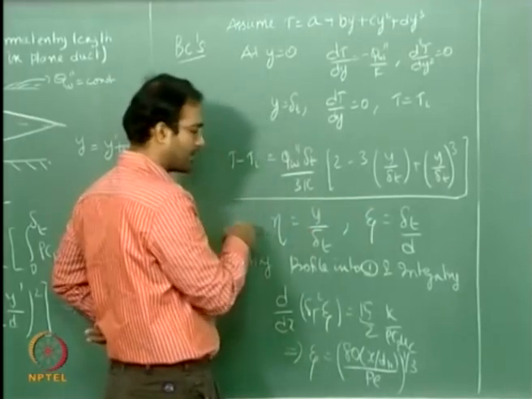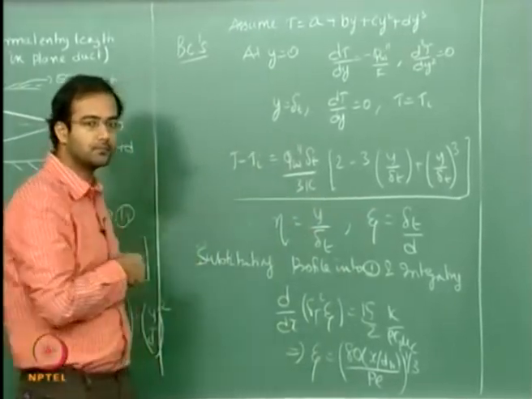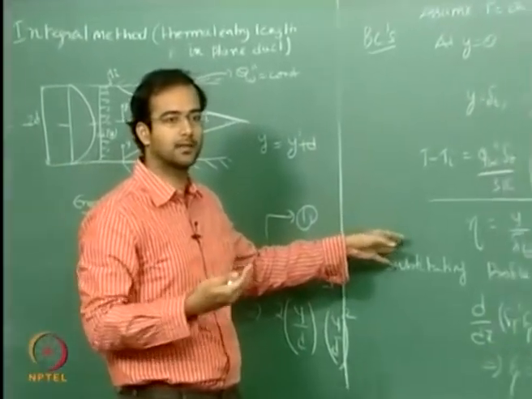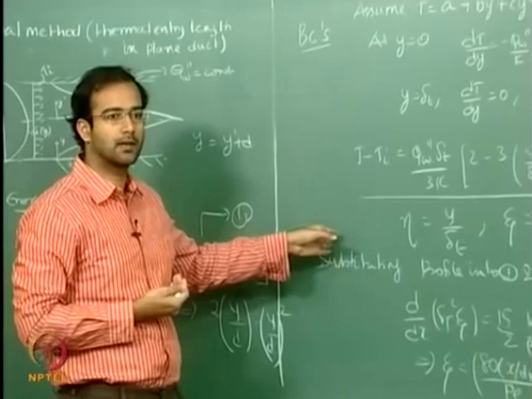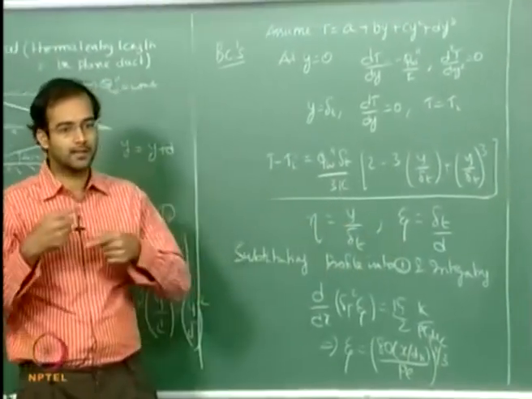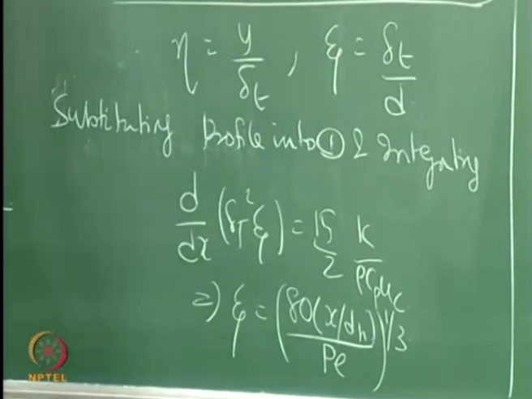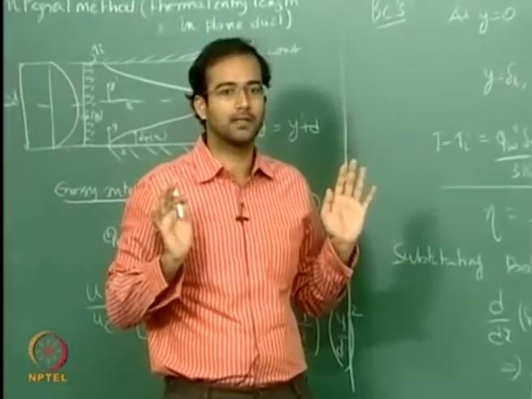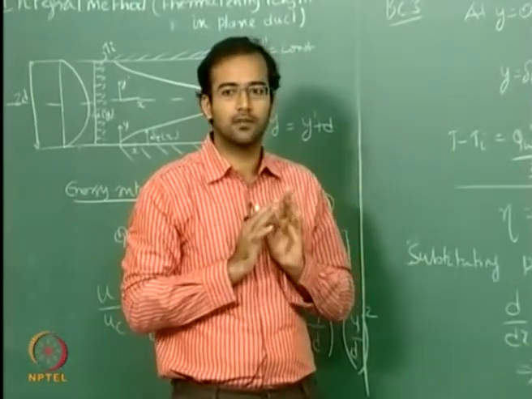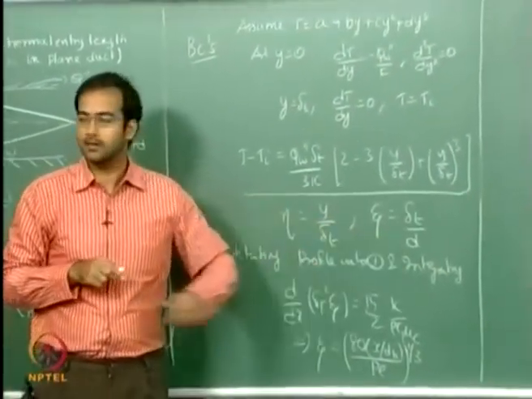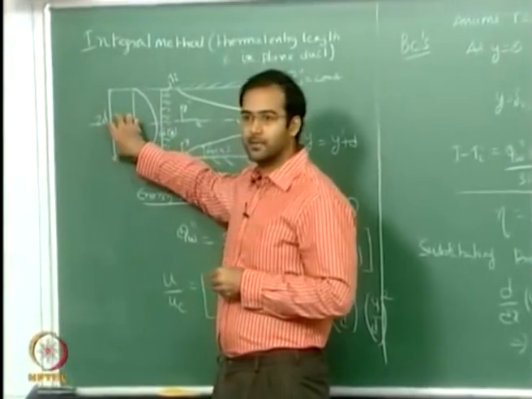Your eta is your non-dimensional y coordinate, the same nomenclature I am using, similar to your external boundary layer flows. So eta is y by delta t, and similar to your external flows where you used non-dimensional zeta for delta t by delta, here we don't have any momentum boundary layer thickness, because we are considering already fully developed flows. Therefore instead of delta we use d here, which is the half separation distance.